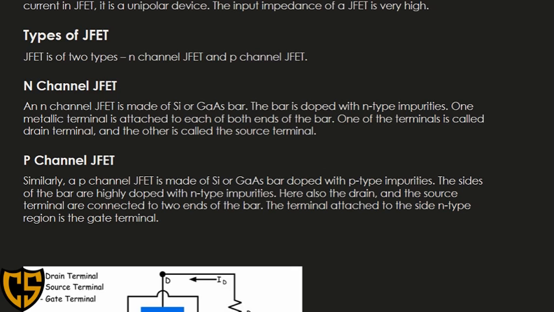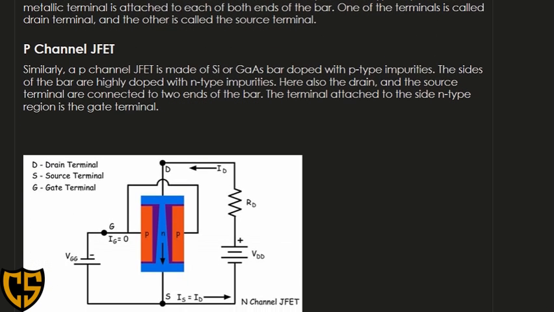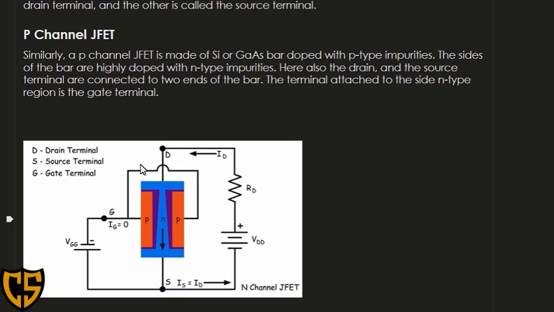The region which is doped with P-type impurities is called the gate. As we can see in this representation, it is an N-channel, but we have a diffused region made up of P-type impurities, infused into the bar, creating a PN region.